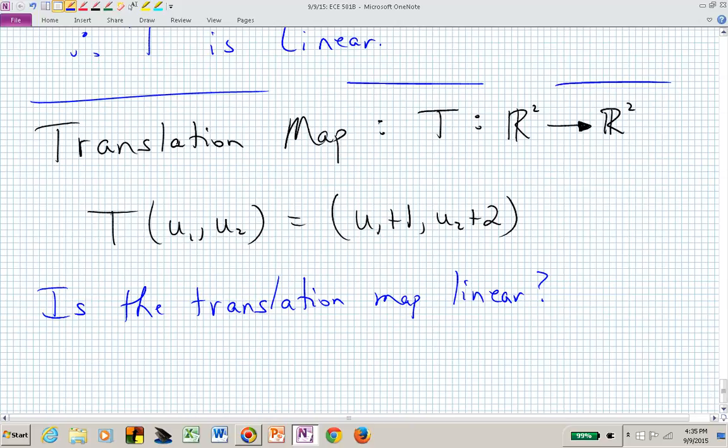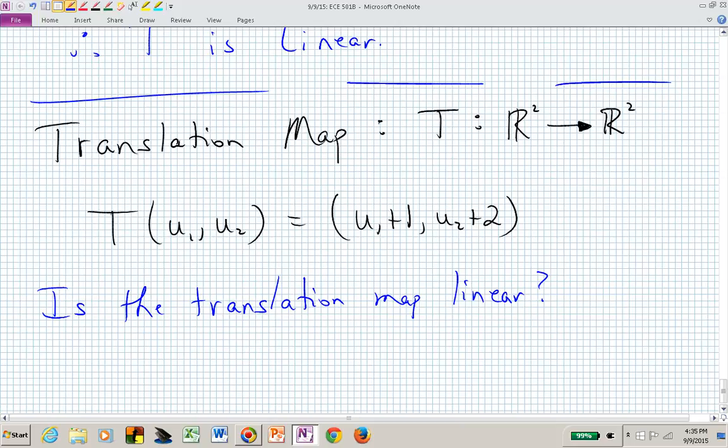Can you come up with a counterexample? And one that you may always want to try in your investigation is the additive identity. Is your vector space non-empty? Essentially, is your output vector space non-empty?